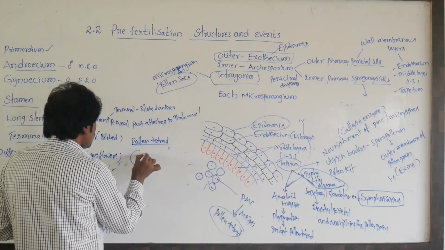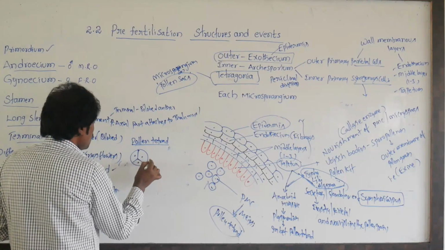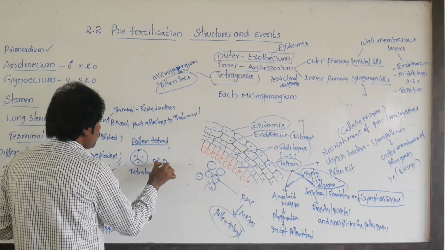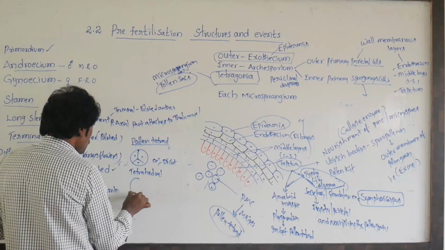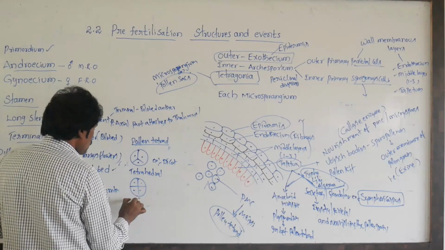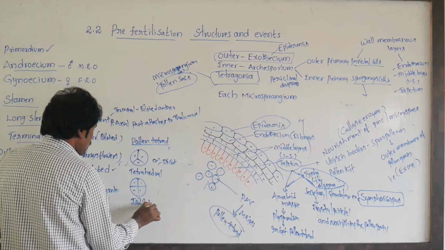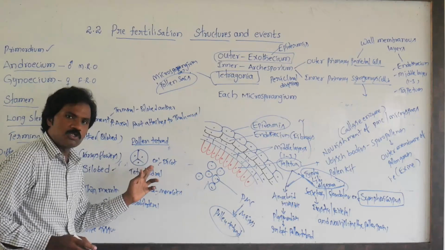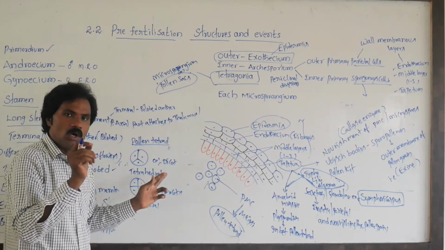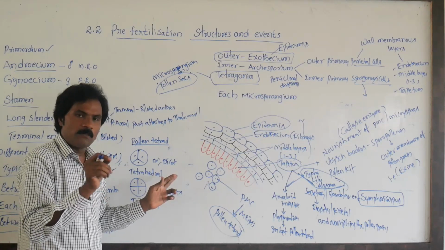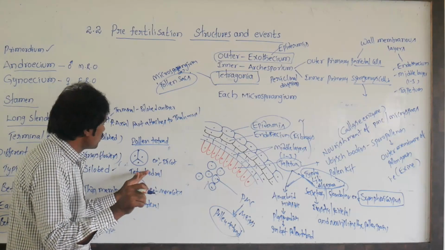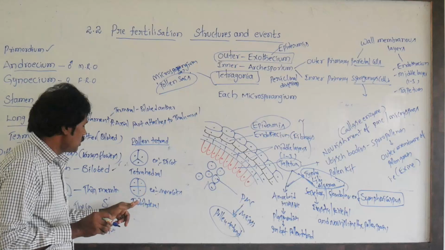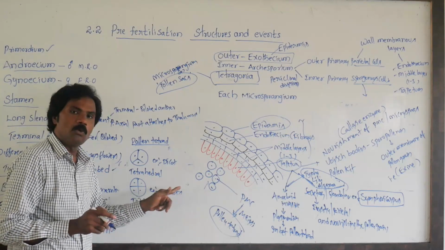Normally it is tetrahedral, for example in dicots. Or the tetrad is isobilateral, more commonly observed in monocots. So this is the most common, a very important example I tell you. The tetrahedral shape of pollen tetrad is mostly in dicots, and isobilateral is observed with monocots.